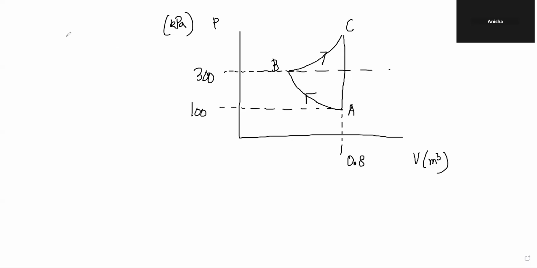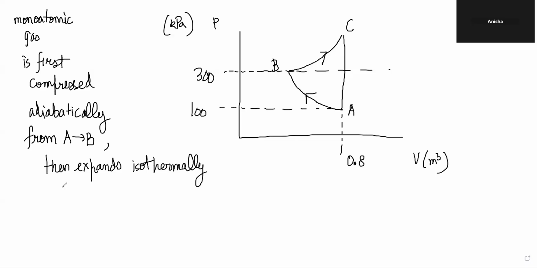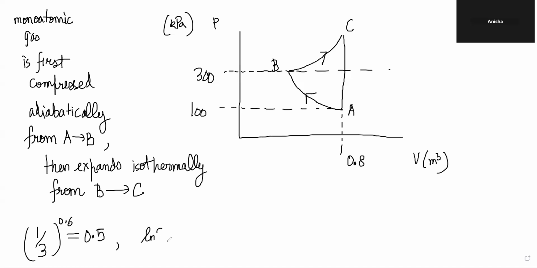In the given PV diagram, a monoatomic gas is first compressed adiabatically from A to B, then expands isothermally from B to C. They have given you data: 1 by 3 to the power 0.6 is equal to 0.5, and also ln2 is roughly 0.7, and they are asking you for the total work done in the process.